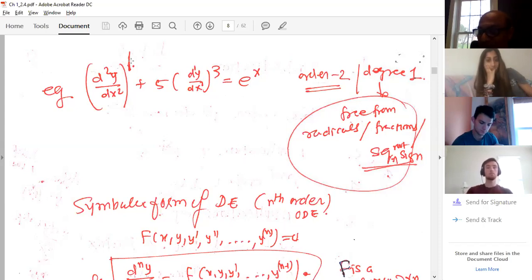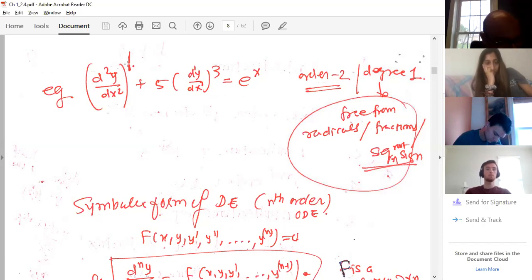No radicals, no fraction, no square roots. It has to be a simple positive integer. Sir, just to clarify, that's a second order first degree differential equation, correct? Yes. Okay, guys. So that's what we mean by order and degree of the differential equation.